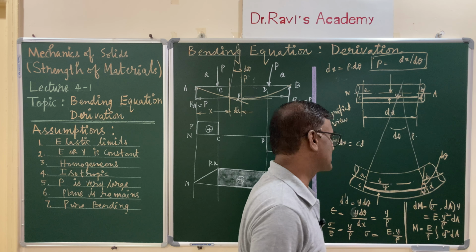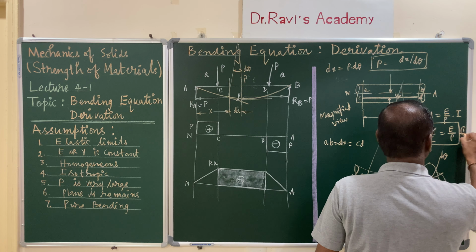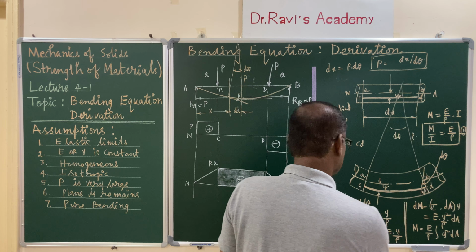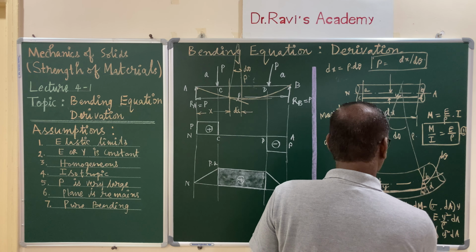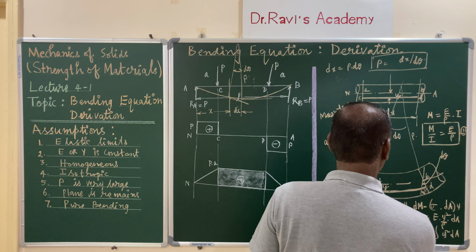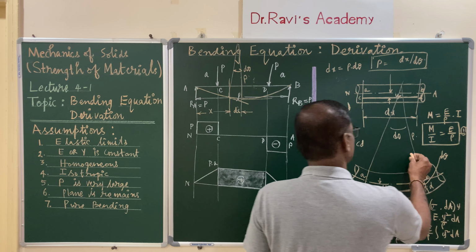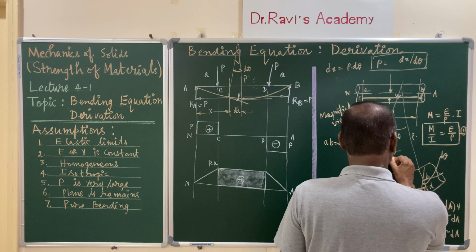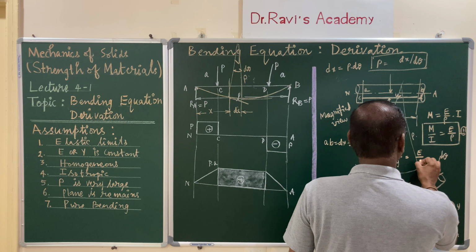This is one equation, call it equation 1. Rewrite this equation: E by rho is equal to sigma by y. So here, sigma by y is equal to E by rho.